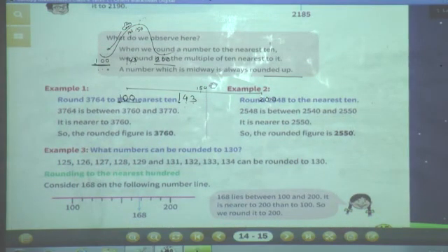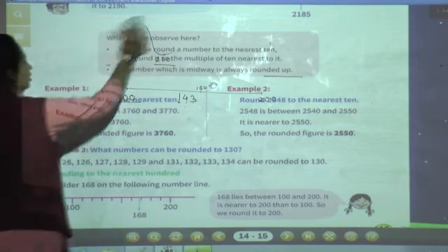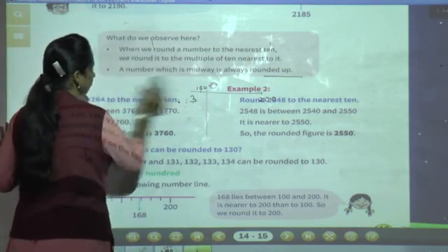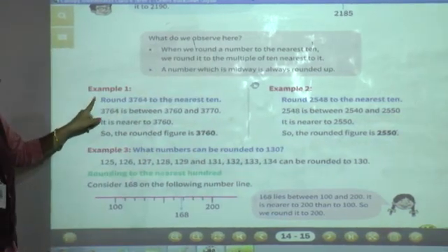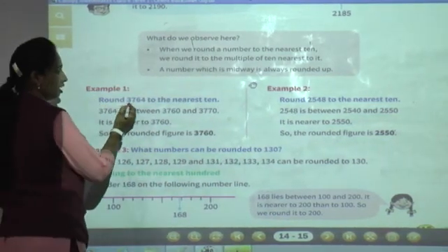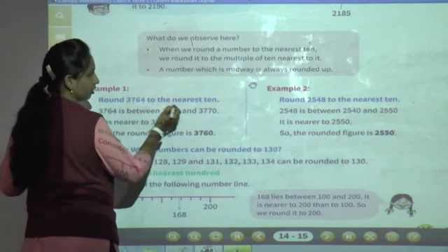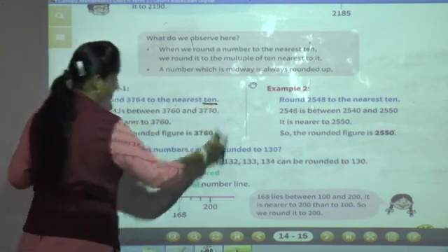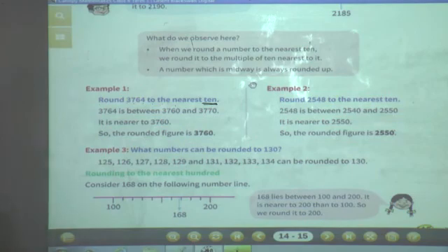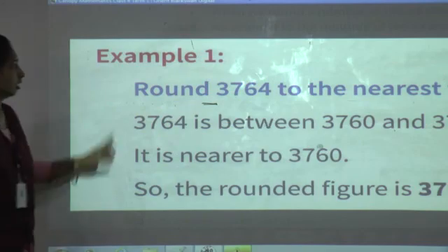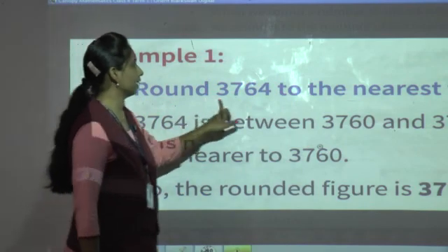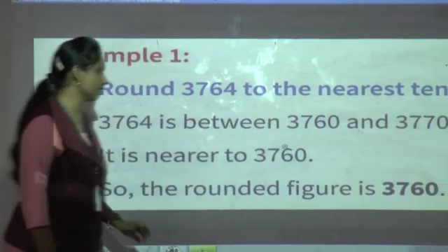Understood? Let us move to some more examples. Example number 1: round 3764 to the nearest 10. Very important, read the question properly. Nearest 10. Now we have to round this number to the nearest 10.